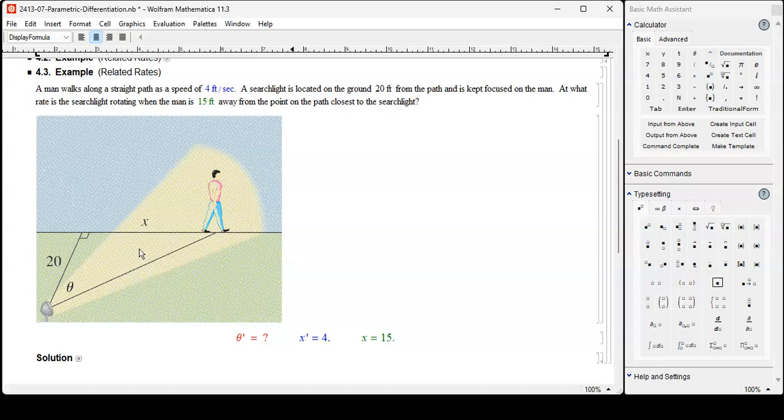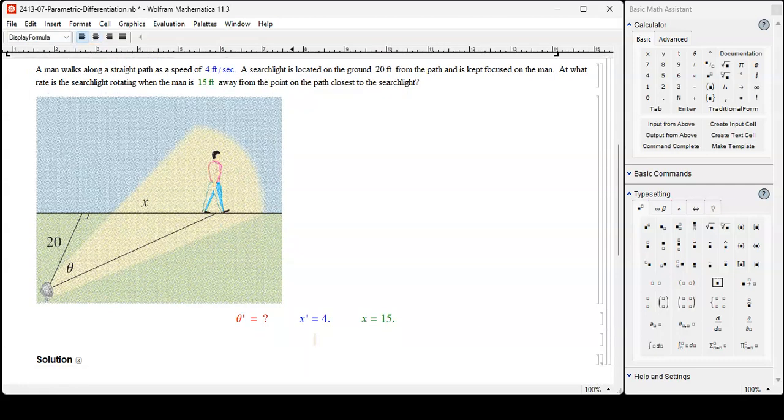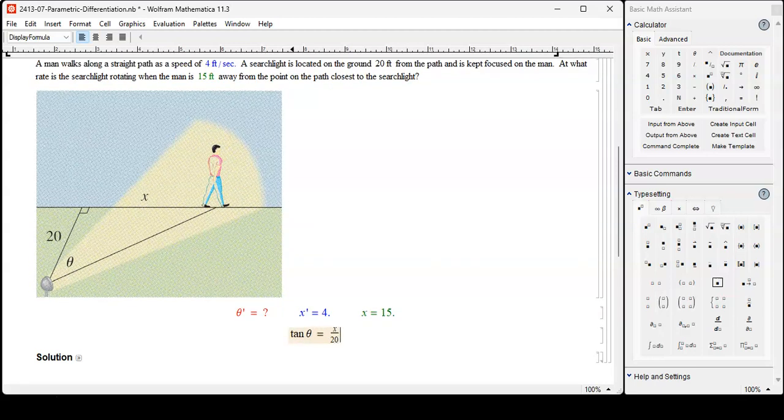And the hypotenuse, the problem does not talk about the hypotenuse. The distance from the searchlight to the man, that's not an issue here. X, opposite, 20, adjacent. So what's the relation? Opposite over adjacent. Agreed?